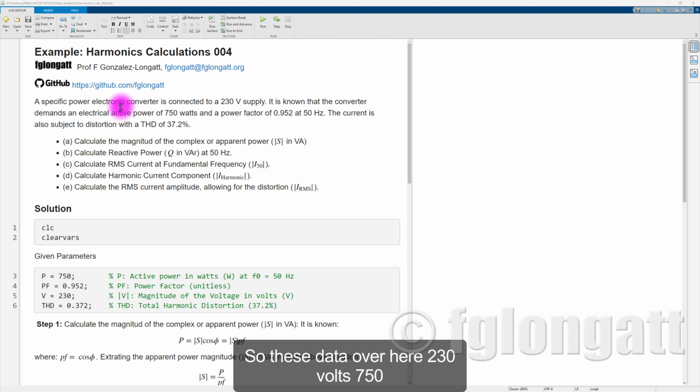So this data over here, 230 volts, 750 watts, and this power factor, all of them are defined at fundamental frequency, the rated frequency of 50 hertz.